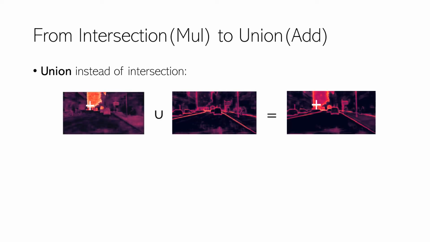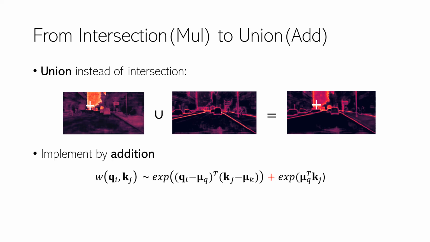Instead of using multiplication or the intersection, we try the union operation. By a union operation, no matter what visual clues are learned by the two terms, their combination will be their union, and will include both. The union function can be implemented by a simple addition operator instead of the original multiplication.